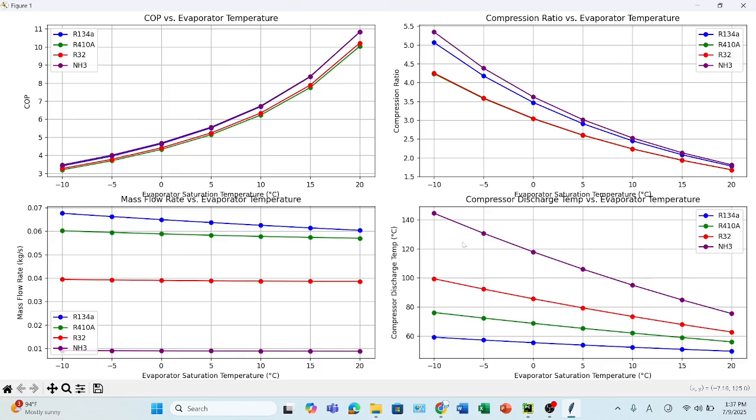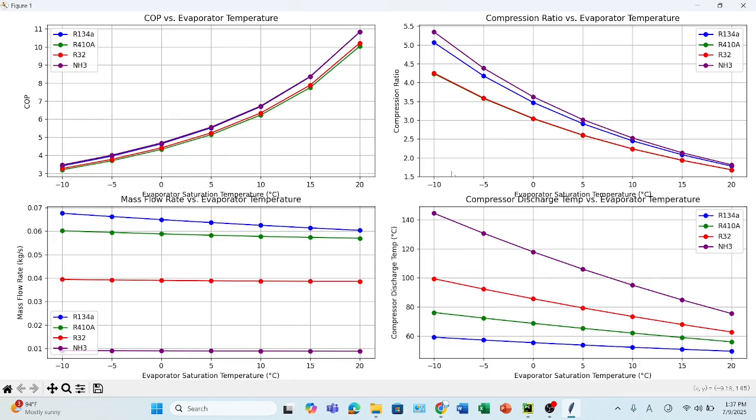And why is it not desirable? It affects the life of the compressor, and it affects the compressor lubrication. So the life of the compressor will decrease, and it sometimes also affects the compressor efficiencies.